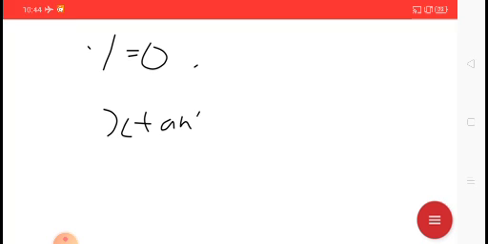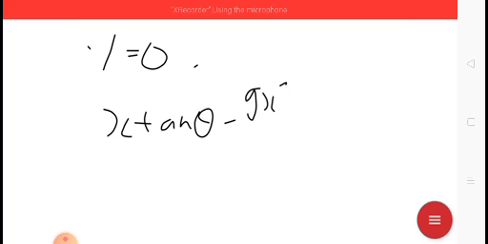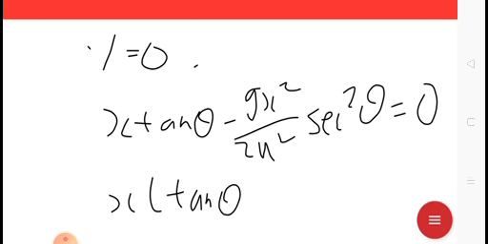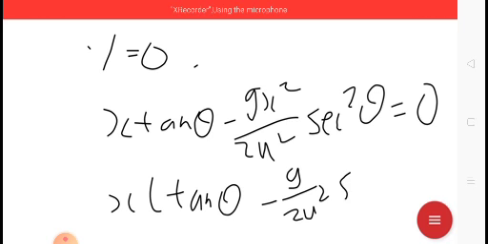From the trajectory equation, let's say when y equals 0, you can simplify your equation to x tangent theta minus g x square over 2u square secant square theta equal to 0. Extract the x out, you have tangent theta minus g over 2u square secant square theta, equal to 0.